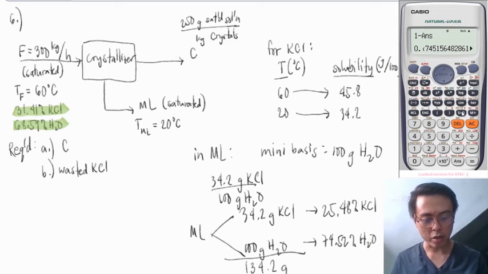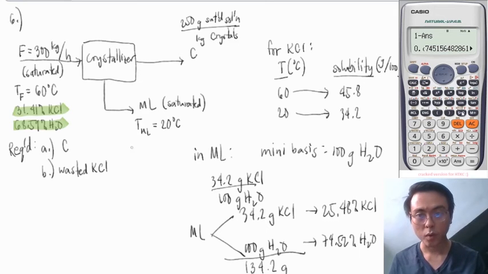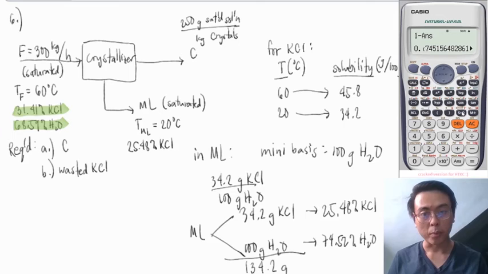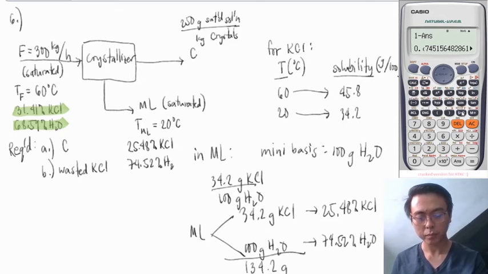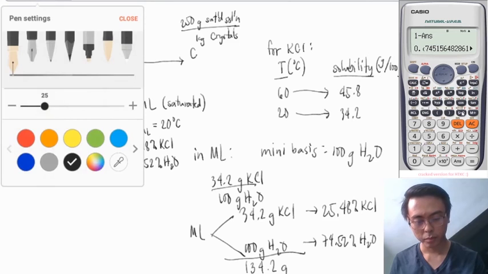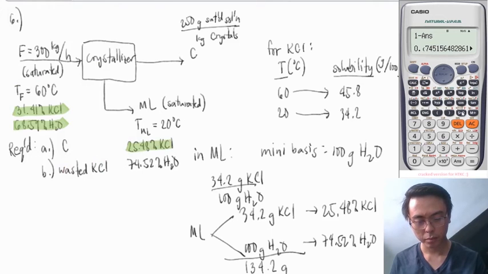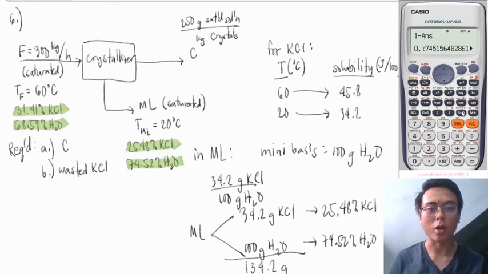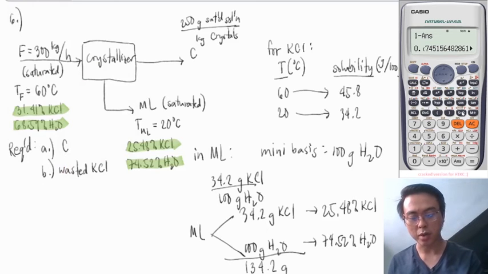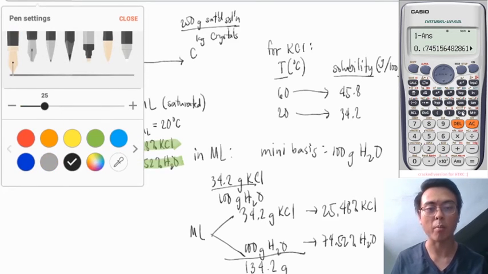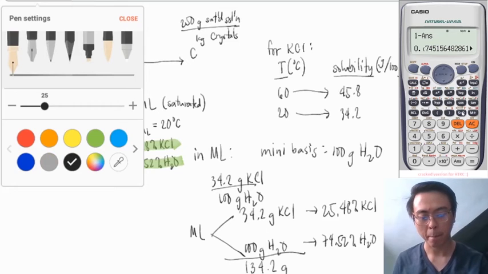Okay, we can now write this here: 25.48% KCl, 74.52% water. So those are our obtained values, simply coming from solubility data.